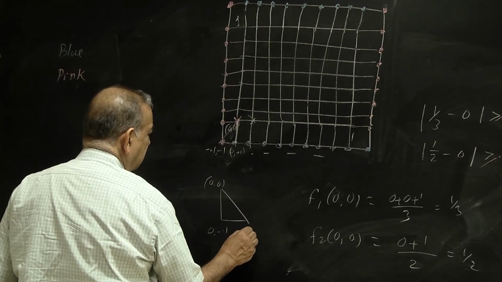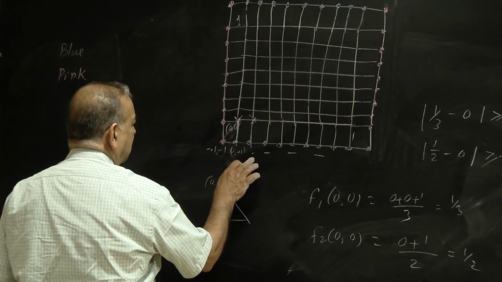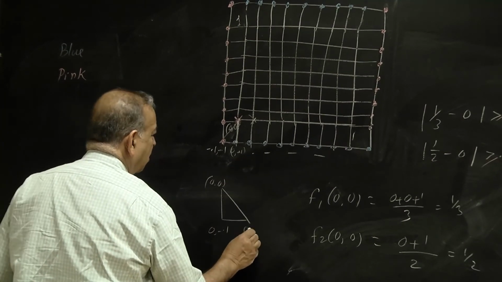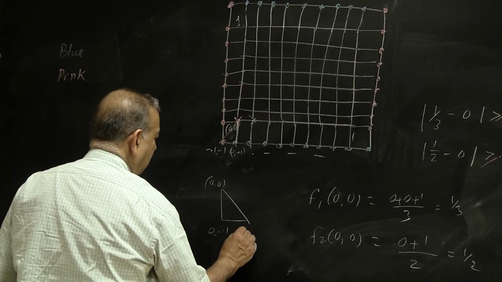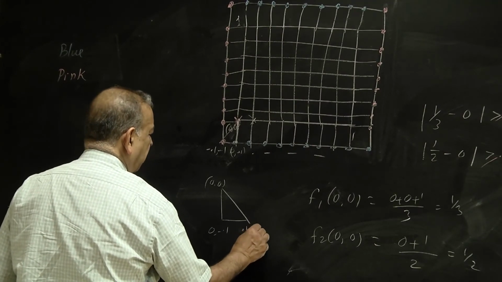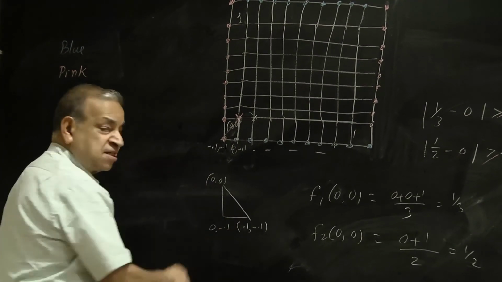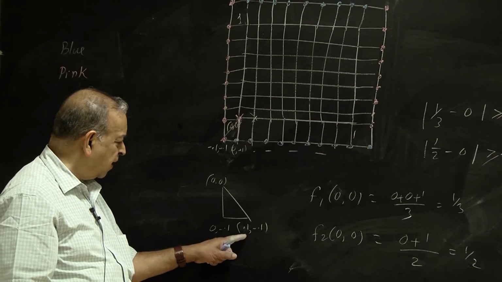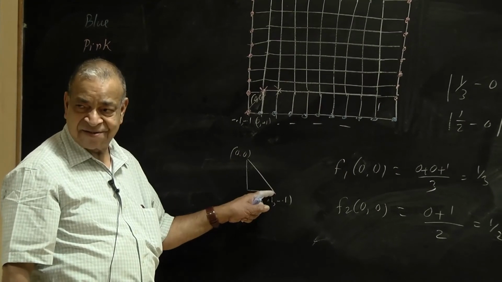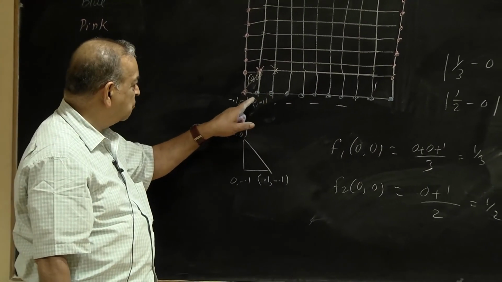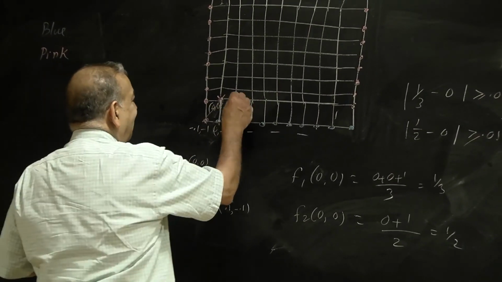Now this one is 0.1, minus 0.1. They cannot be adjacent because the first coordinate is less than the first coordinate, but the second coordinate is more than the second coordinate. So these two are not comparable vectors. So it should not be this. It should be only this. Do you follow me? Okay. So our next evaluation is this.